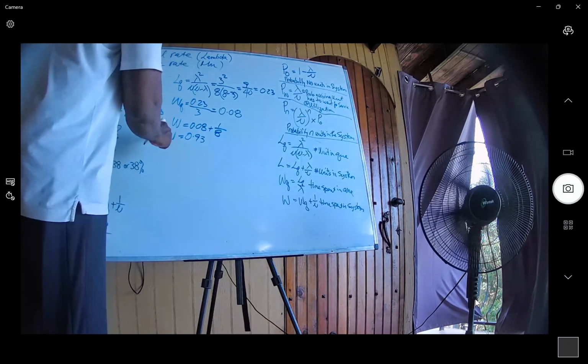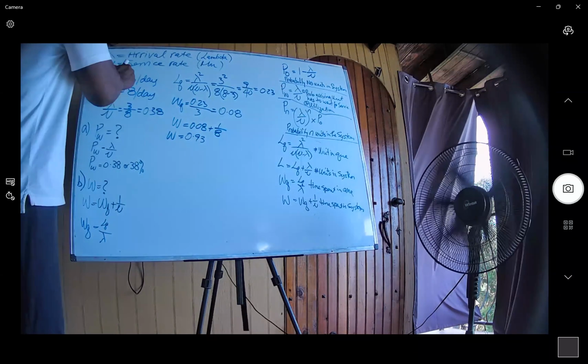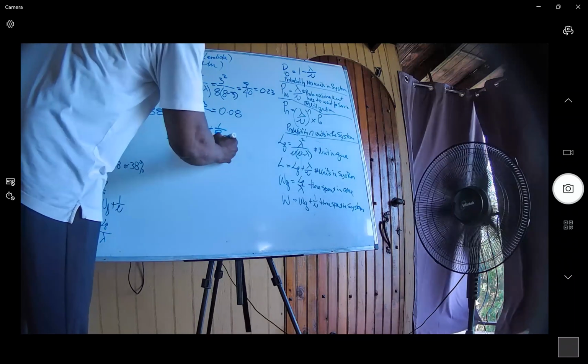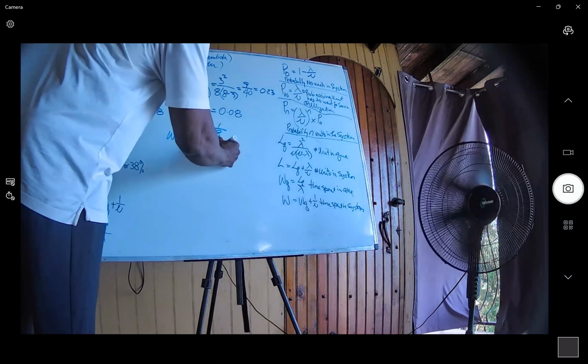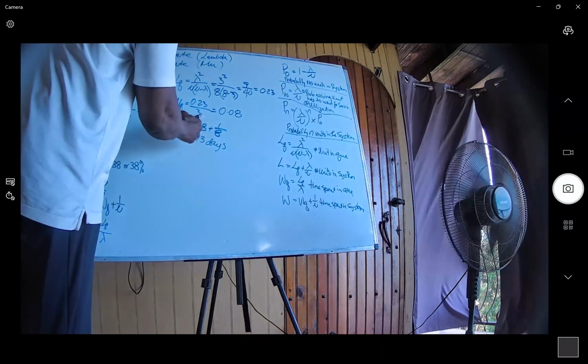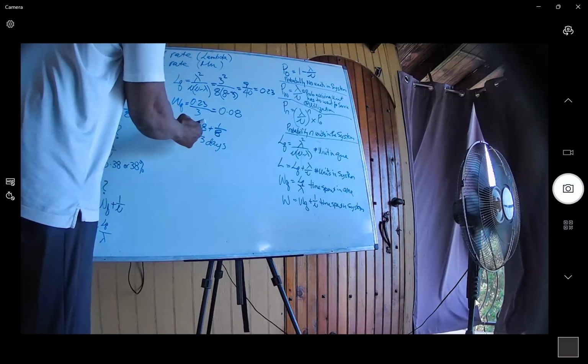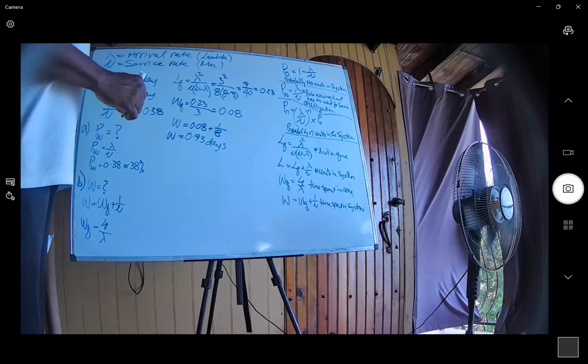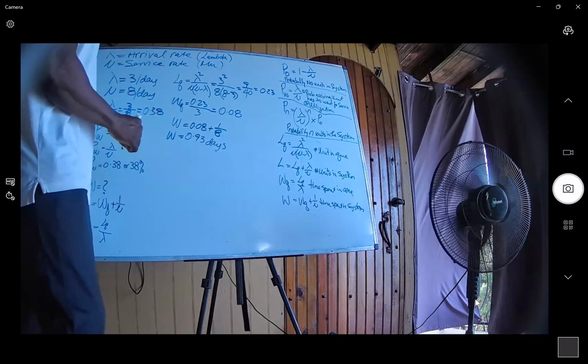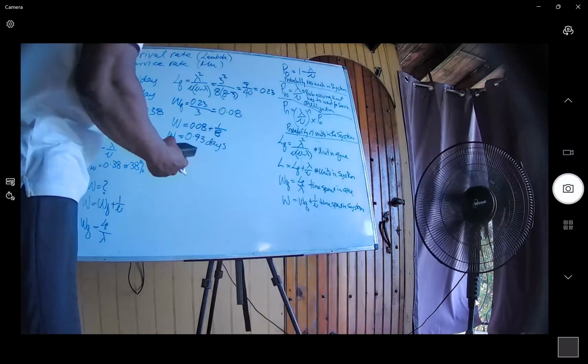And now that I have my answer, I need to put my units. And it's days. Is that correct? Everybody got this? That looks a little off to me. That doesn't look right. Somebody else? Sir, I got 0.205.